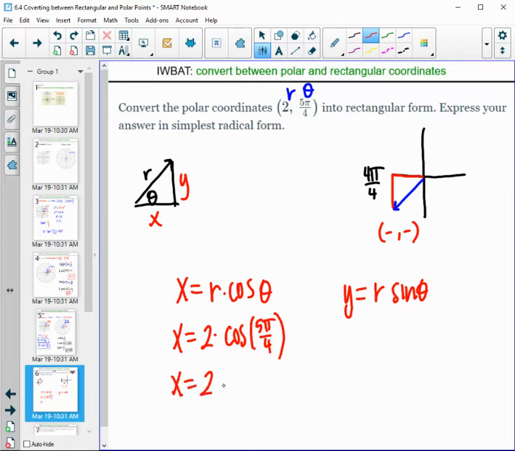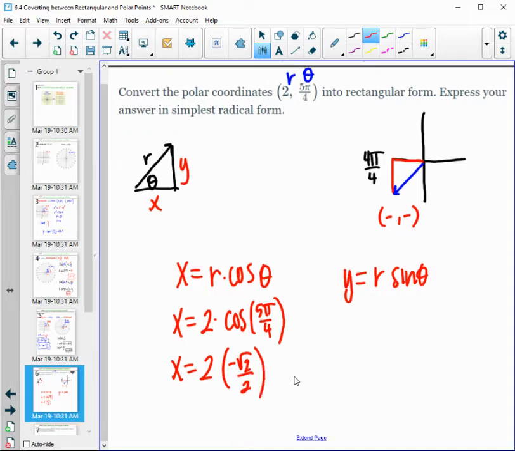The cosine of 5 pi over 4 on your unit circle is negative root 2 over 2. So when you multiply that, your 2's cancel, and x is going to be equal to negative root 2. For y, you're doing 2 times sine of 5 pi over 4.